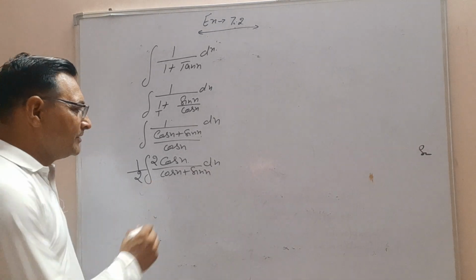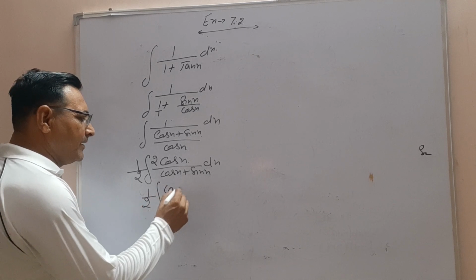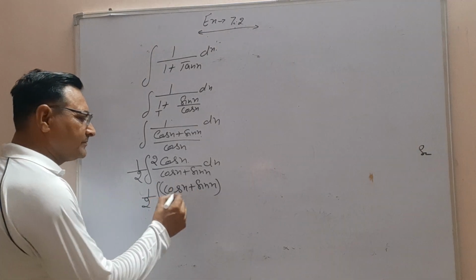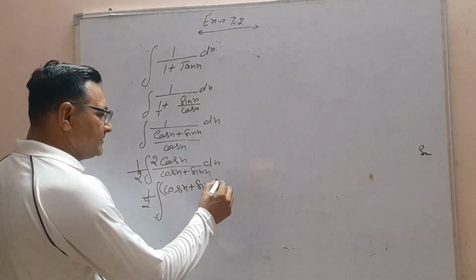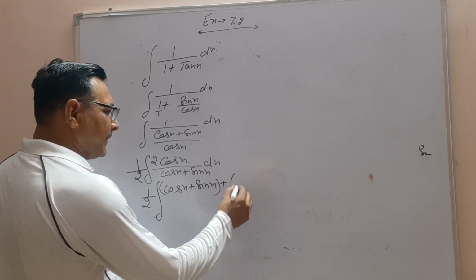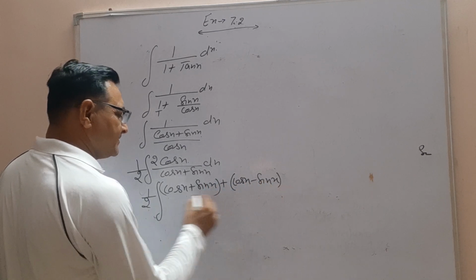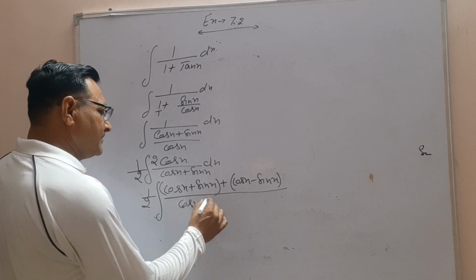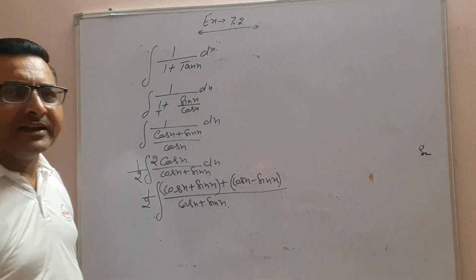How? You can write it as 1 by 2 of cos x plus sin x, cos x plus sin x plus cos x minus sin x upon cos x plus sin x. When you open the bracket, what will you get?